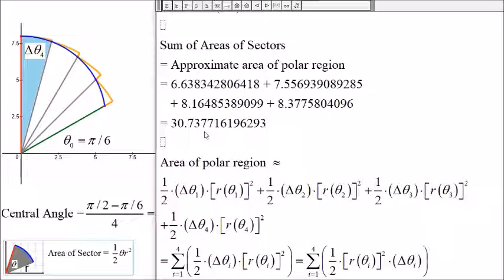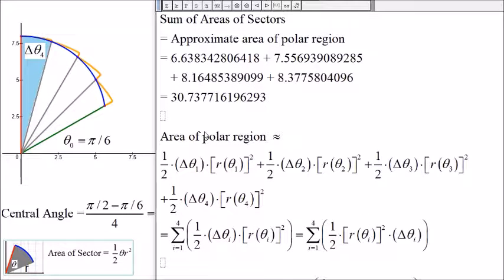And now let's get a general formula for finding the area of a polar region. The area of sector number 1 was 1/2 times the central angle times the square of the radius. This is the area for sector number 2, this is the area for sector number 3, and this is the area for sector number 4.